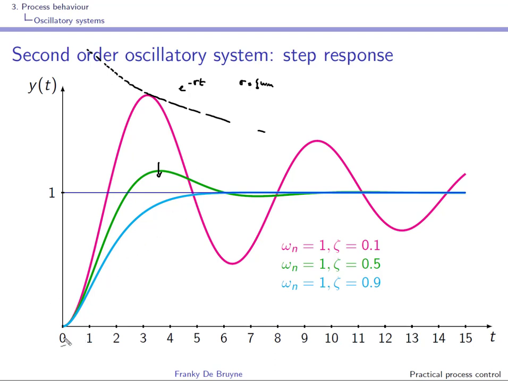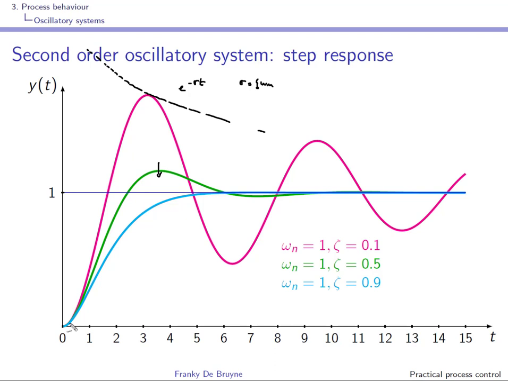Notice also that at the origin the step response is 0 and the associated slope is also 0, and this is because the associated transfer function has a relative degree of 2.